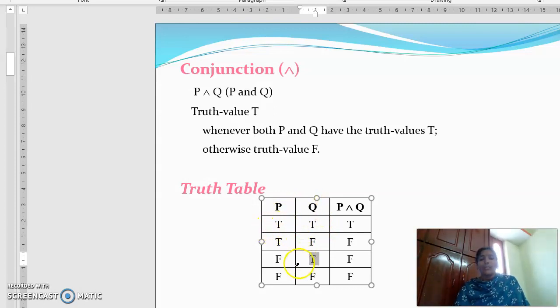The four possibilities are true true, true false, false true, false false. The first row, where both P and Q are true, gives true. In the next three possibilities, at least one is false, so the rest are all false. Next we will see more examples for the conjunction connective.